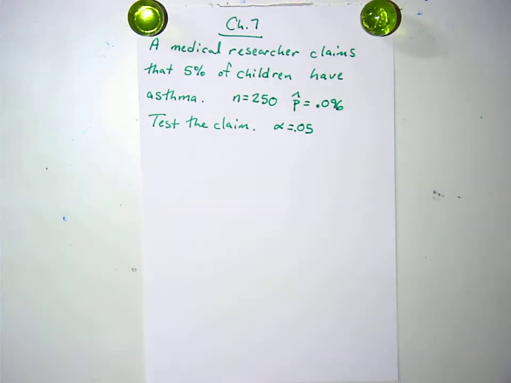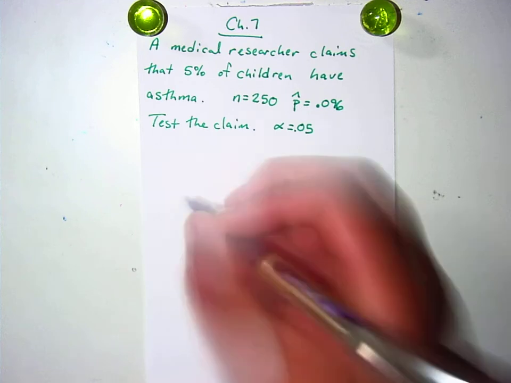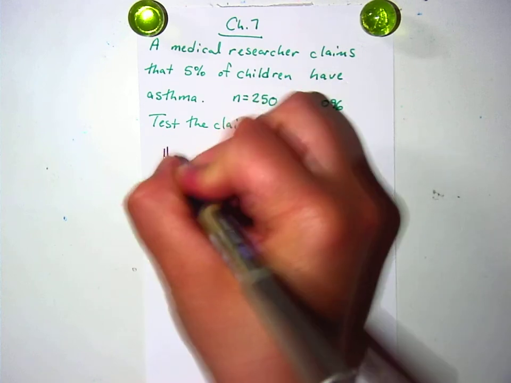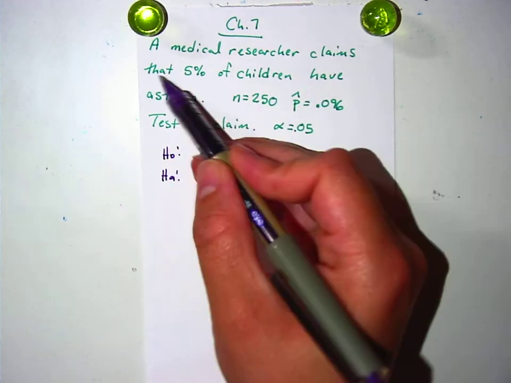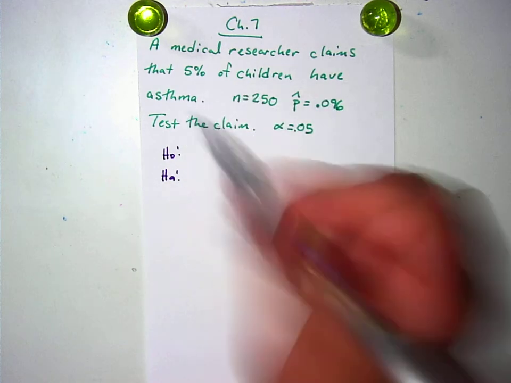A medical researcher claims that 5% of children have asthma. They did a sample of 250 children. They got a p-hat of 0.096, so apparently 9.6% of them had asthma. And then we're supposed to test that claim at alpha equals 0.05. So, my H sub 0 and my H sub A. The medical researcher claims that 5% have asthma.